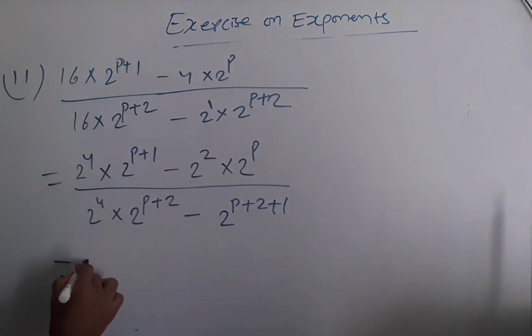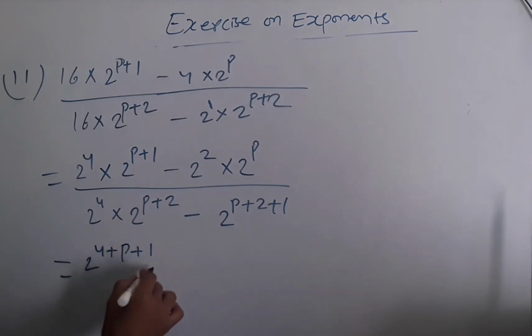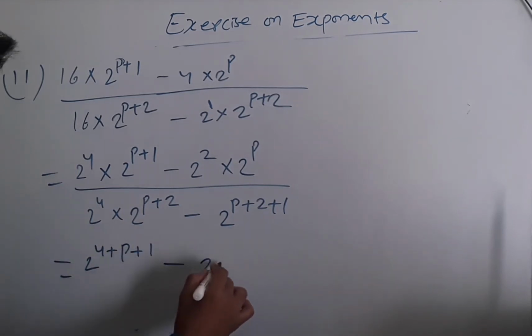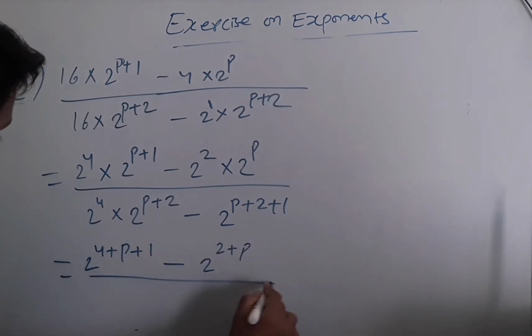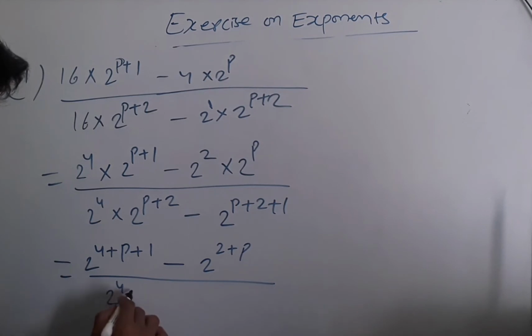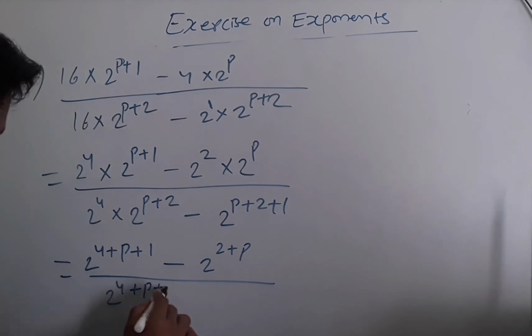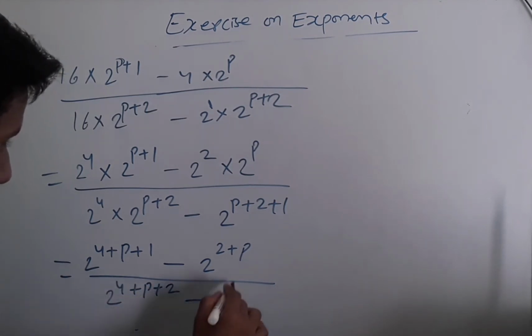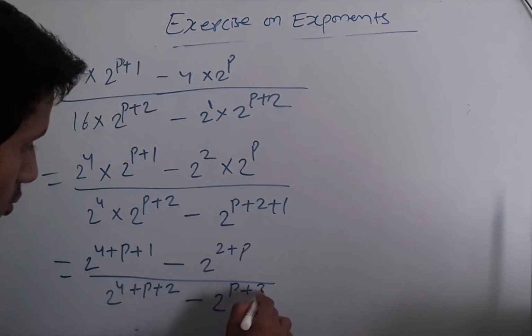Now, this can be written as 2 to the whole power 4 plus p plus 1 minus 2 to the power 2 plus p divided by 2 to the power 4 plus p plus 2 minus 2 to the power, this should be p plus 3.